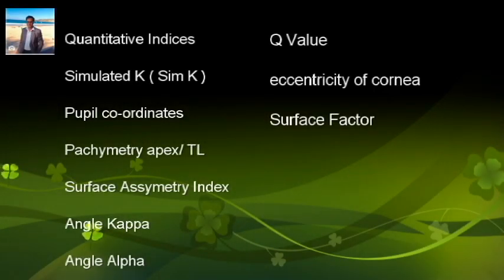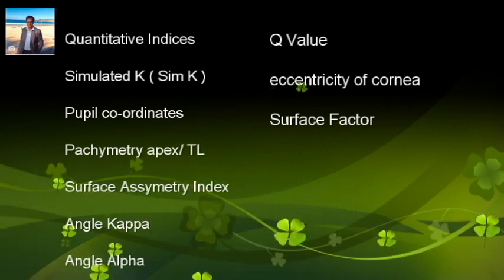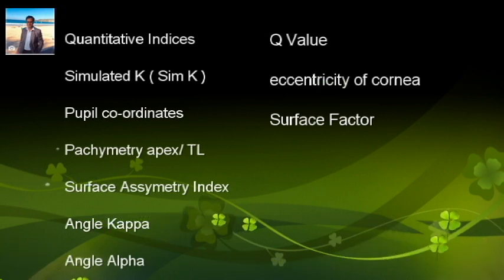Topographers would give you at least a few of these quantitative indices, and some of the things that are very important for us to understand are the simulated keratometry or the SIMK, the pupil coordinates, the pachymetry apex, and the thinnest location that is given by the Pentacam, and the surface asymmetry index, which is given by most topographers.